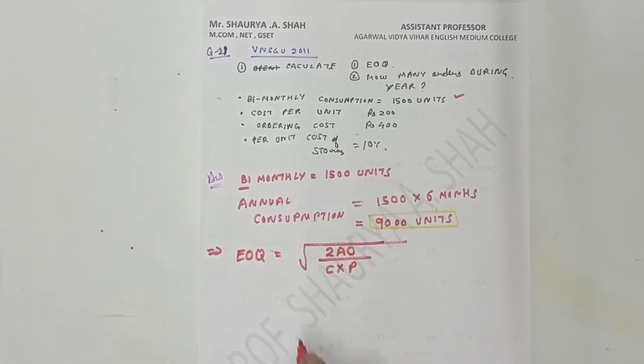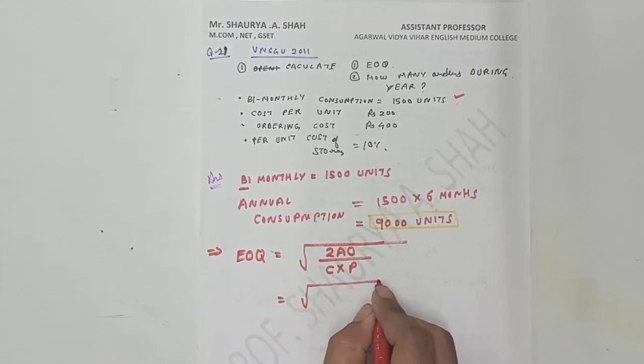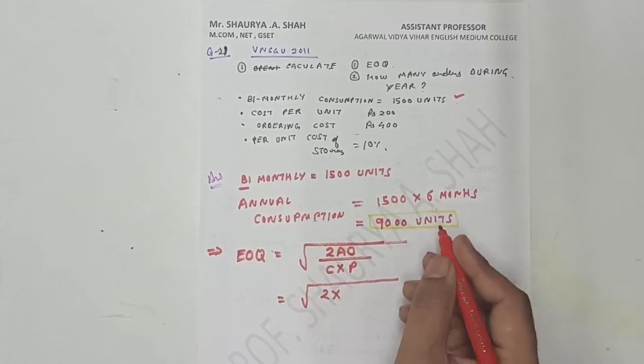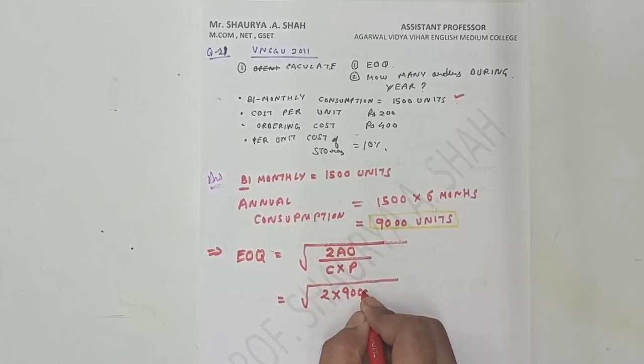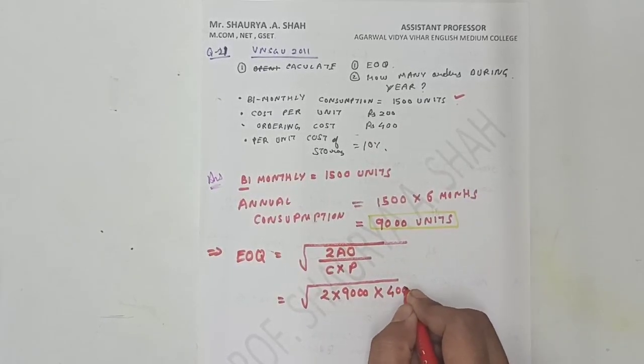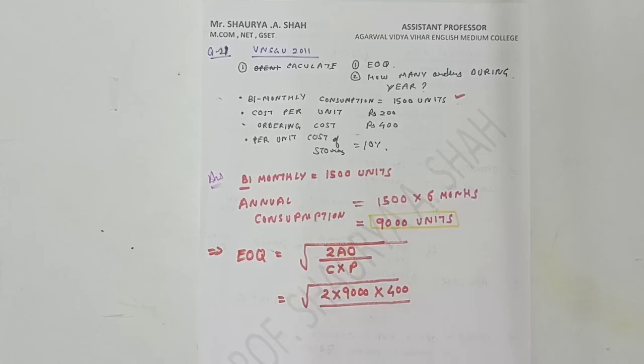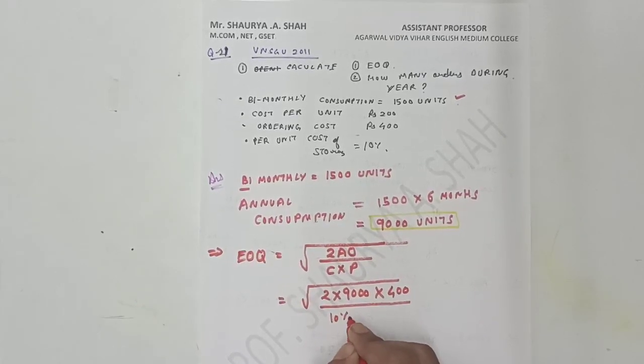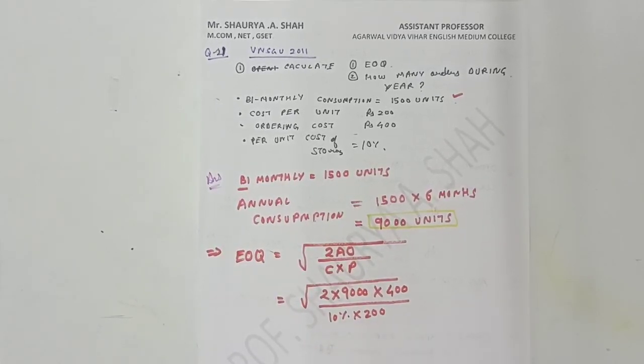So putting it in your formula: under root 2 into annual consumption 9000, into cost of placing an order, that is ordering cost, O is my 400, divided by C into P, right? So C I have in percentage, so what you need to do is write down here 10% into 200.